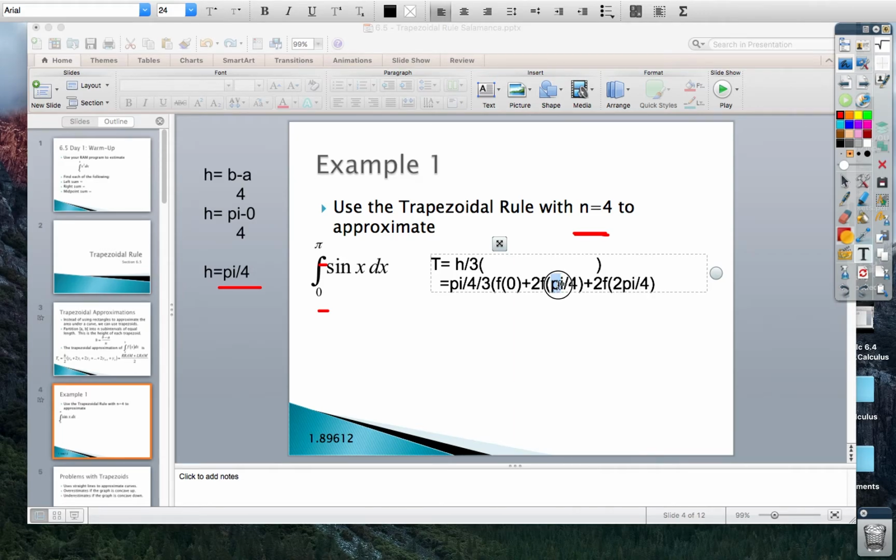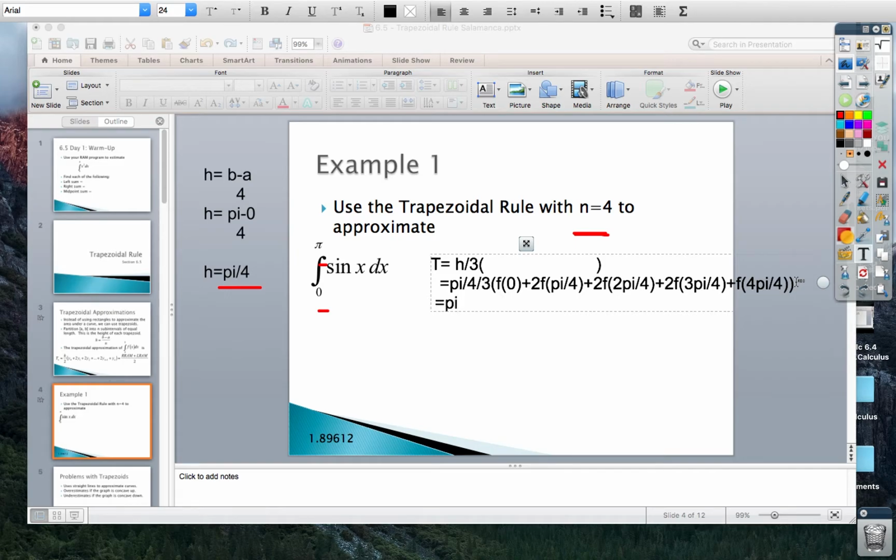Notice we went 1 pi here, 2 pi here, and keep in mind I'm also adding these 2's because that's what the formula states, plus 2 times f of 3 pi divided by 4, plus f of 4 pi divided by 4. Notice I did not put another 2 here because 4 pi divided by 4 is just pi, which means we're at the end.